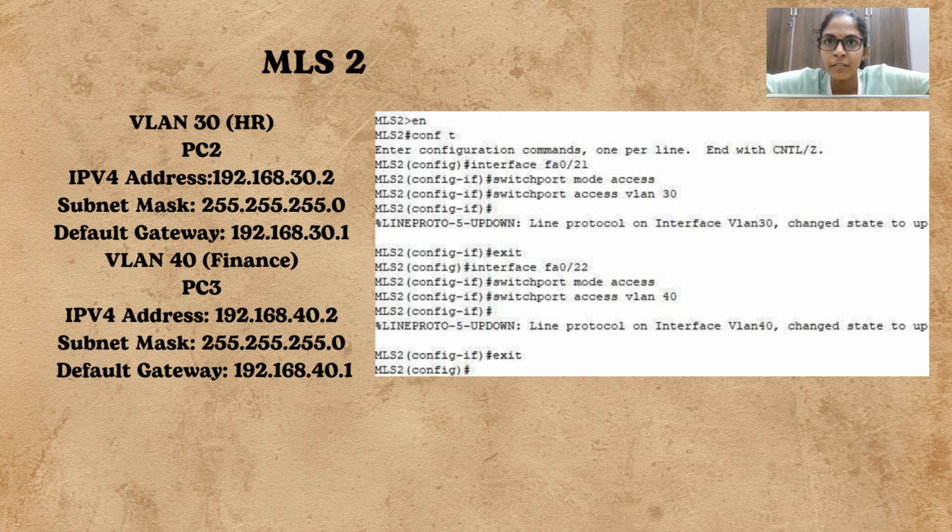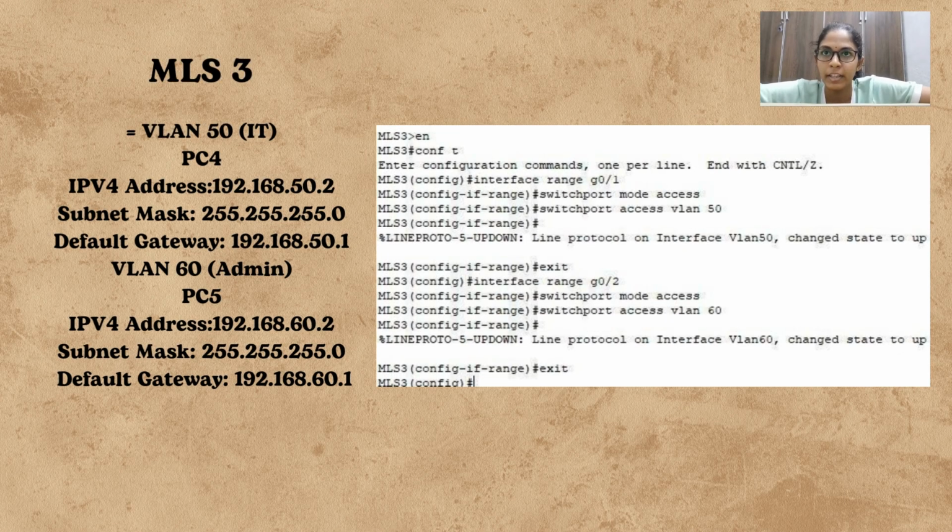VLAN 40 financial, PC3 IP address 192.168.40.2. Subnet mask 255.255.255.0. The default gateway 192.168.40.1.